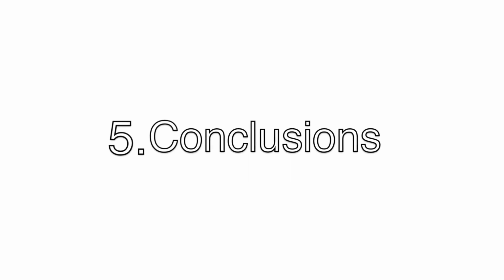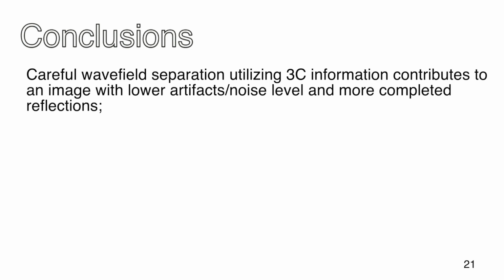To conclude, we have applied careful preprocessing and RSS-RTM to a walkaway VSP survey acquired around a fractured basement reservoir. It is verified that a proper wave field separation utilizing 3C information lays a foundation to improve the image quality. A more clear and complete P wave field after separation gives rise to a better P image with reduced noise level and enriched details.